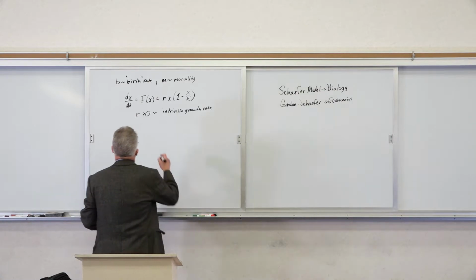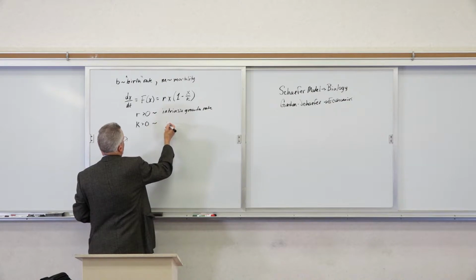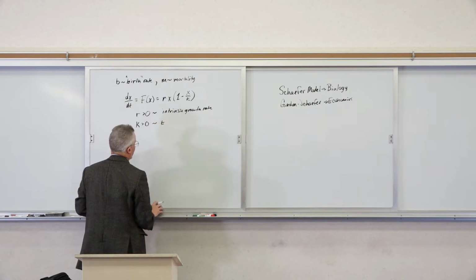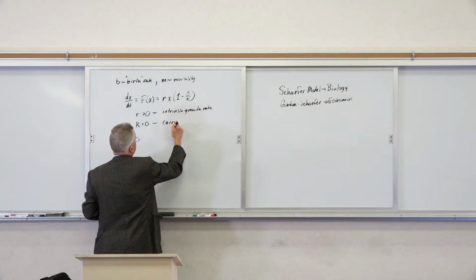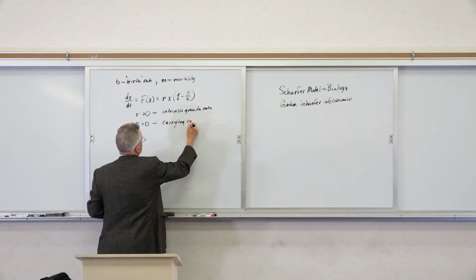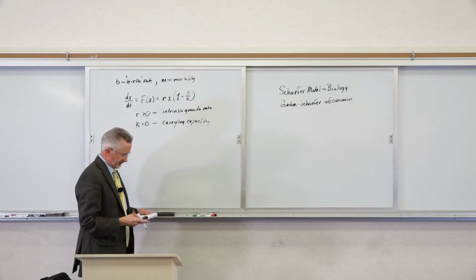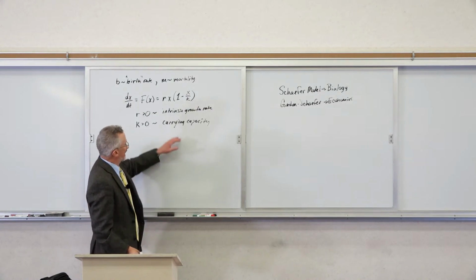Okay, and k greater than 0, that's also a positive constant. And this is what is often called the carrying capacity of the environment. You have almost certainly heard this term. Saturation level, biggest sustainable population.